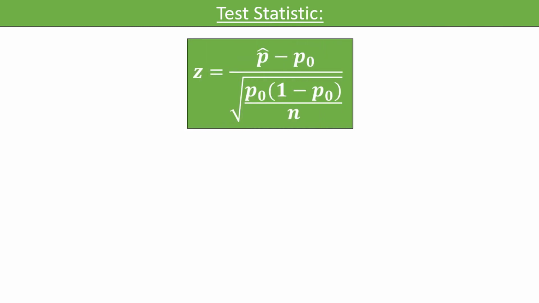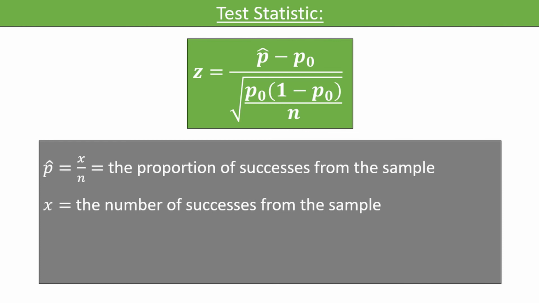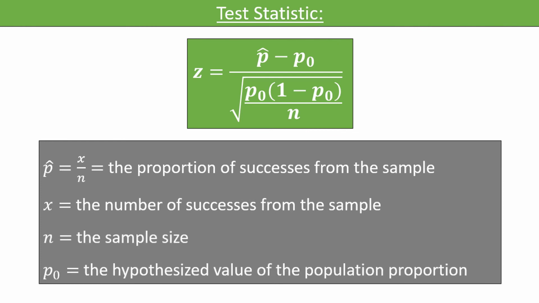In completing the hypothesis test, we will need to take a sample and calculate the test statistic, which in this case will be a z-score. The formula for the z-score is z equals p hat minus p sub 0 divided by the square root of p sub 0 times 1 minus p sub 0 divided by n, where p hat is x divided by n and is the proportion of successes from the sample, x is the number of successes from the sample, n is the sample size, and p sub 0 is the hypothesized value of the population proportion.